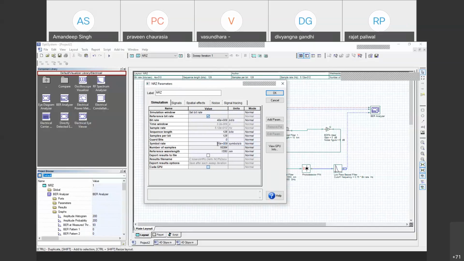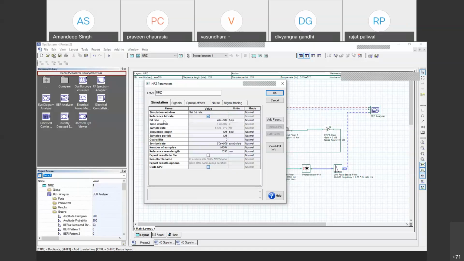Is there any relation between the two? The symbol rate should be different from the bitrate. It should not be the same.